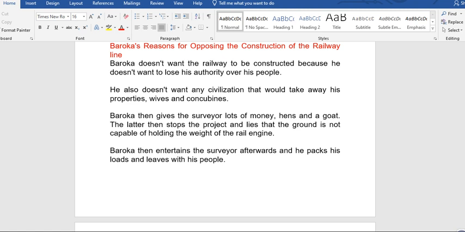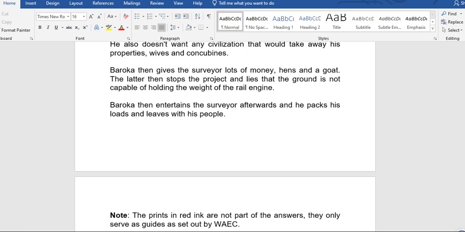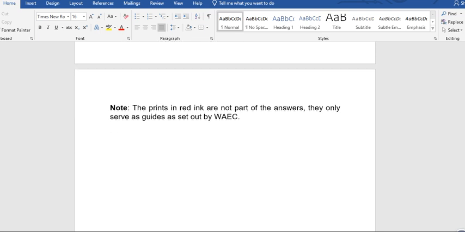The surveyor then stops the project and lies that the ground is not capable of holding the weight of the rail engine. Baruka then entertains the surveyor, and he packs his load and leaves with his people. So that's how Baruka stopped the construction of the rail line in the village.